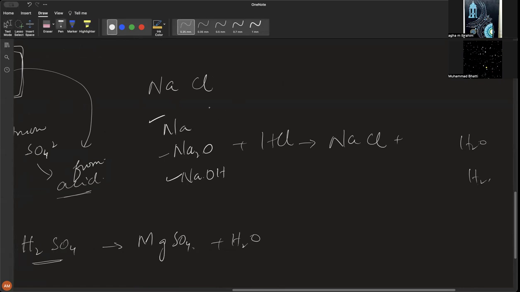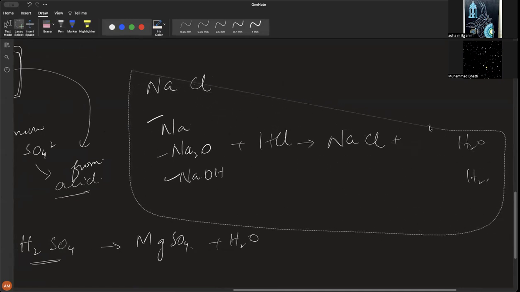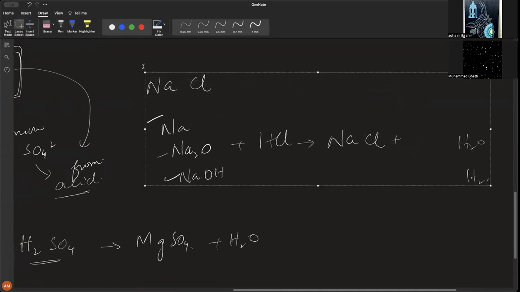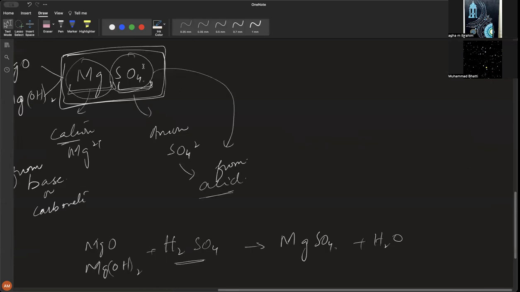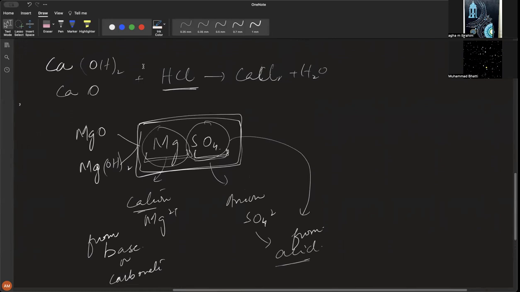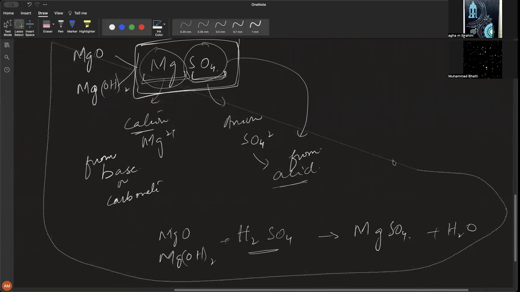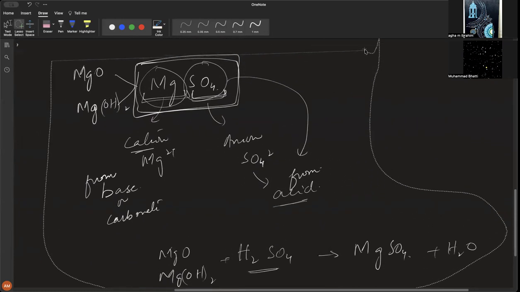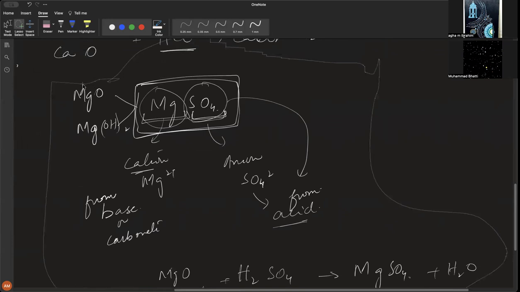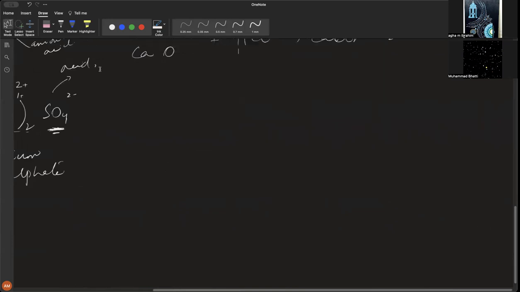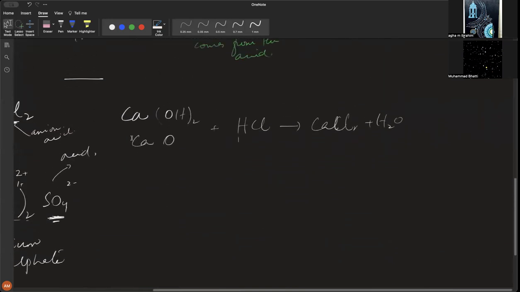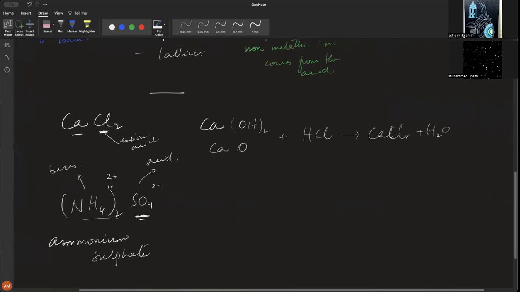So by looking at the salt itself, you can easily tell what were the ingredients that would have produced this salt. Did you get it now? All right. So this is what it was about.